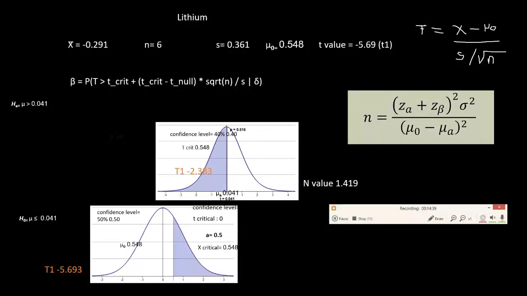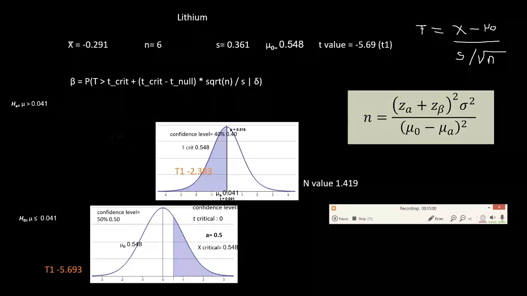So I guess the signs are right. The top one is supposed to be 2.3 t values to the left of the bottom one, because our lithium is more negative on health values than our mu naught. So it's definitely going to be on the left side.